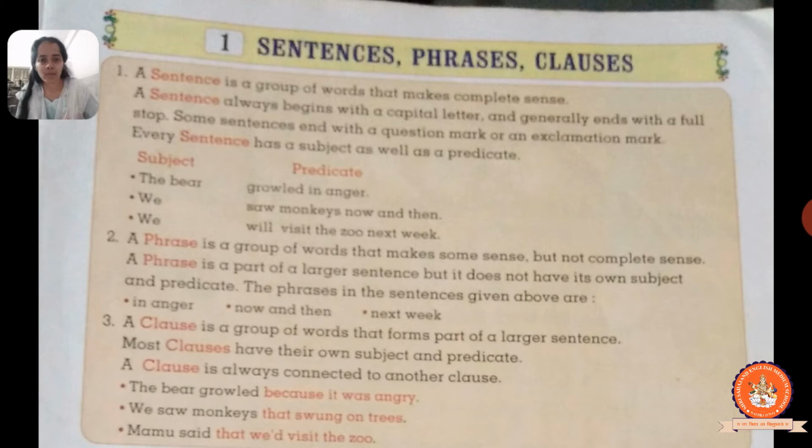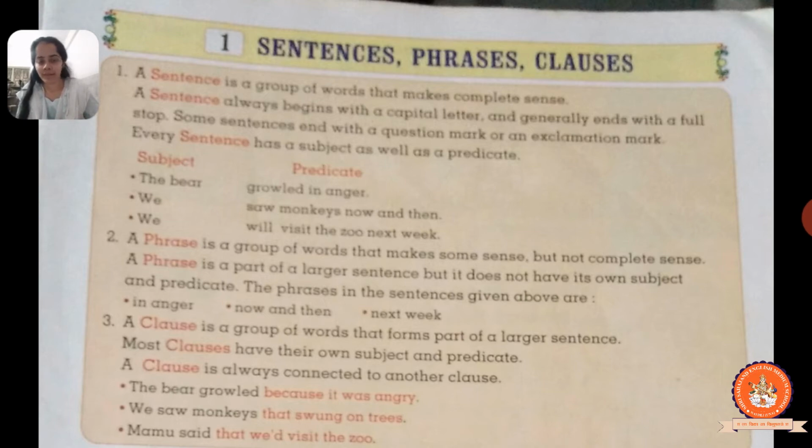Now and then means occasionally, not regularly, not every day. Then the third one, we will visit the zoo next week. Here again we is written. So we is the subject, and will visit the zoo next week is the predicate. So this is about subject and predicate.